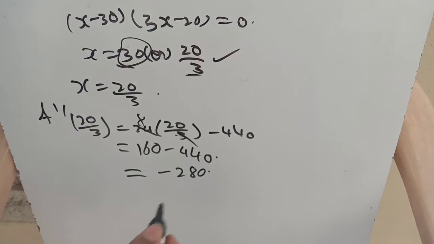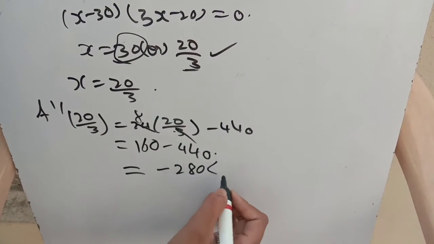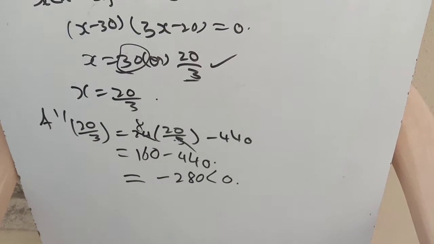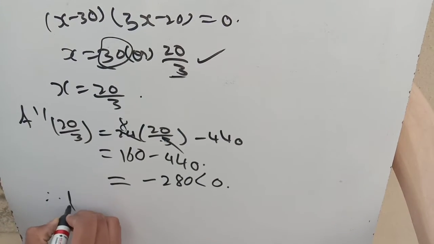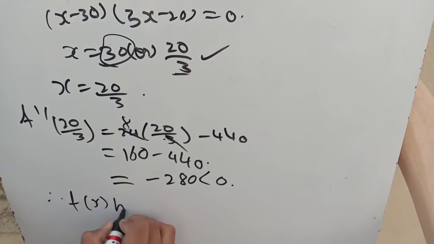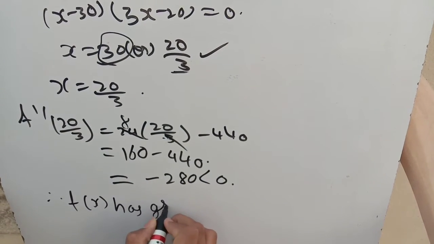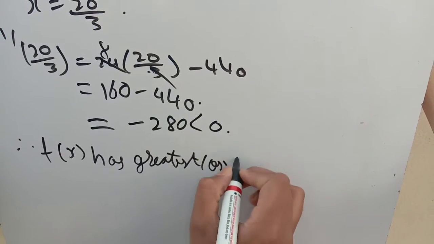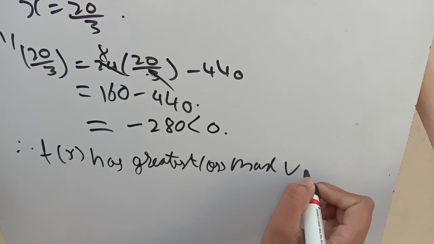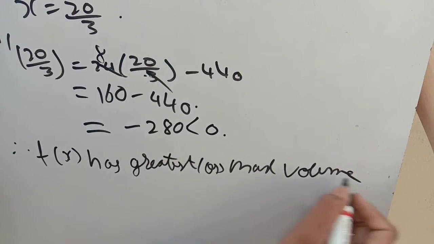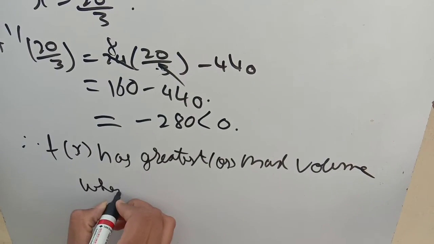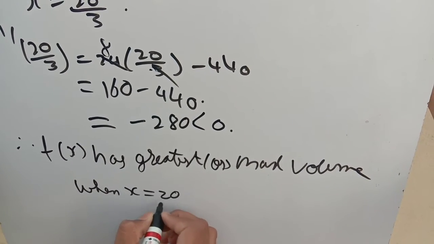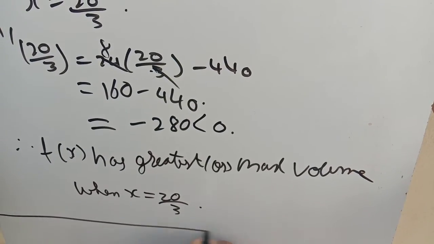Minus 280 is less than 0 or greater than 0? It is less than 0, right? So therefore the function f of x has its greatest or maximum value, the volume, when x equals 20 by 3. That's it. The sum is completed.